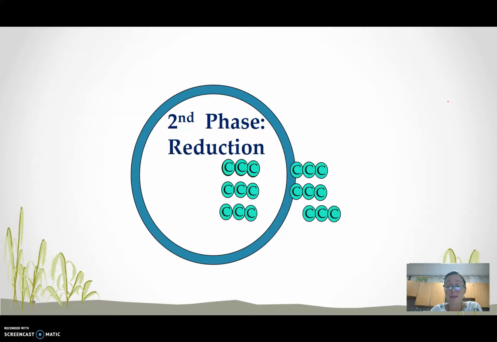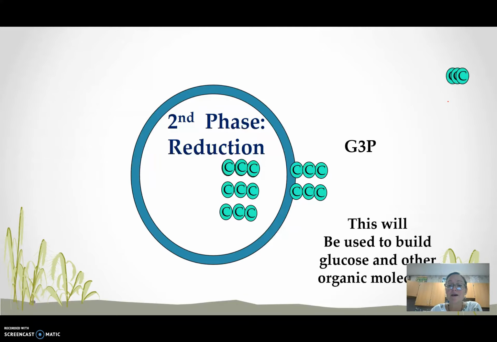G3P is what's used to build all other organic molecules. You can take the G3P that has carbon, hydrogen, oxygen on it, and you can build lipids. You could build amino acids if you just attach a nitrogen to it. You can build DNA.